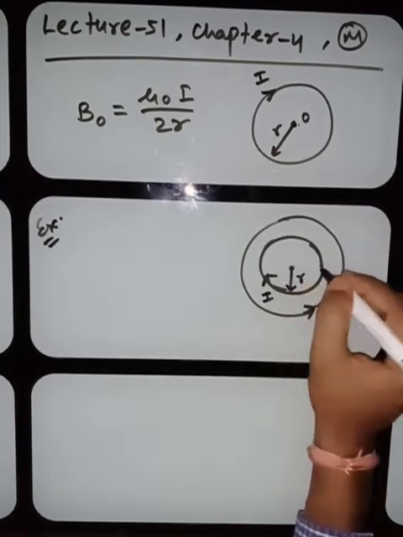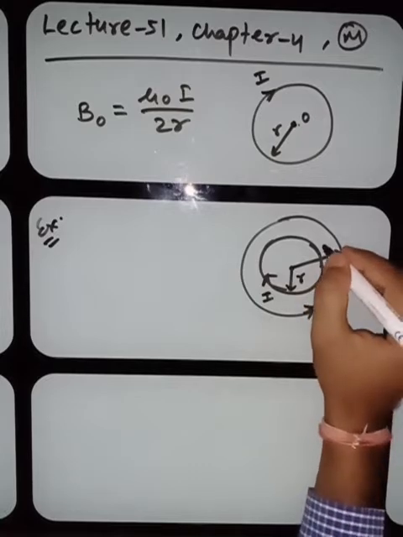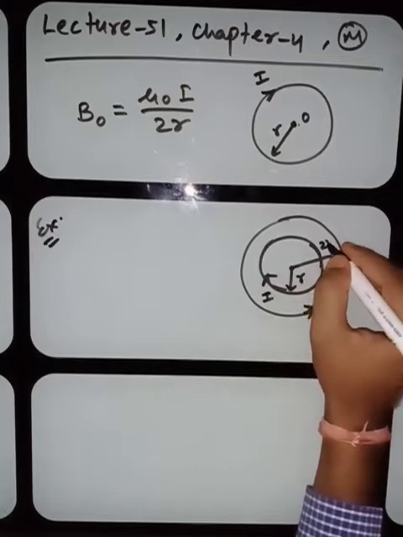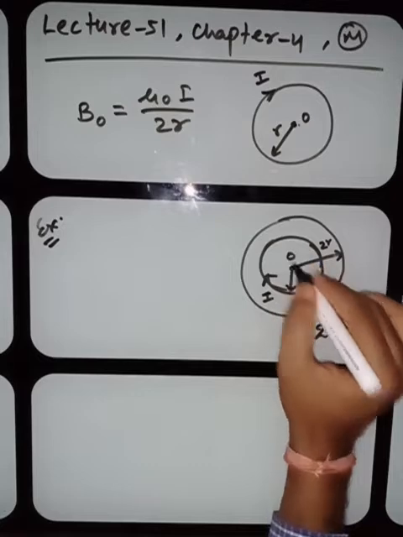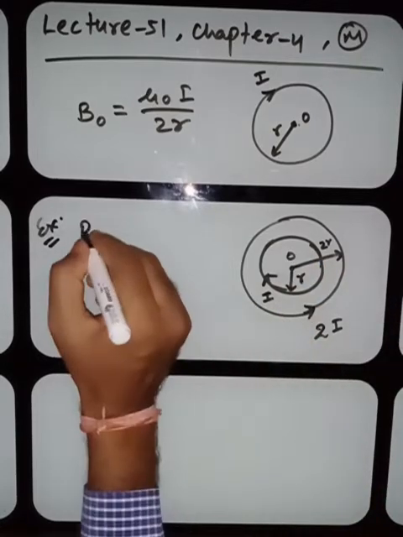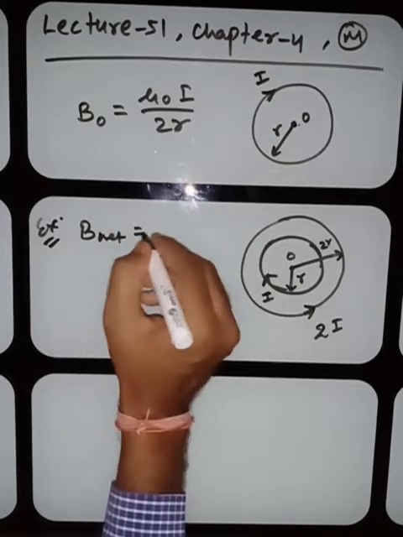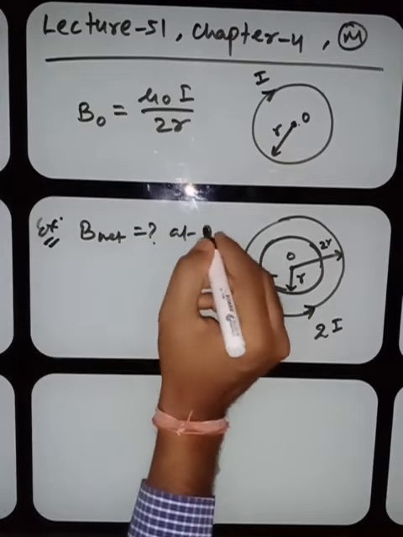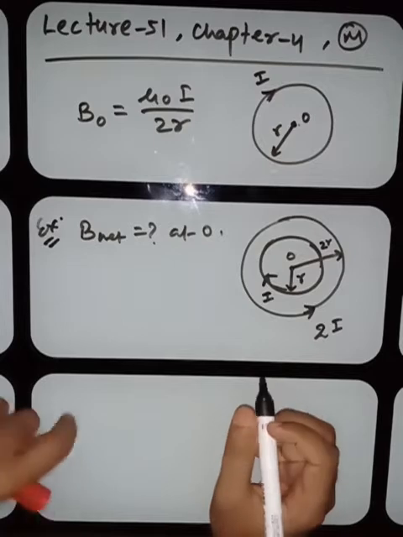This is of radius r and this is of radius 2r. You have to find the net magnetic field at the center. What will be the B net at O?